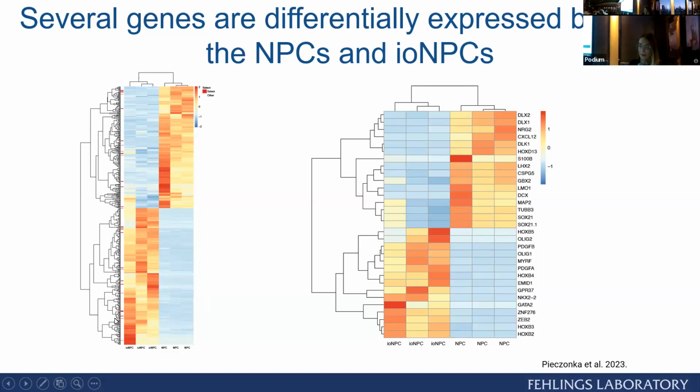On the left-hand side in the reddish orangish colors down here, we have the genes that are upregulated in the IONPCs versus those that are upregulated in the NPCs up here. And then here on the right-hand side, we have some selected genes that we chose to look at. And this basically confirmed the results from the previous experiments with IONPCs being enriched in genes such as OLIG2, PDGF, OLIG1, MERF, and so on.